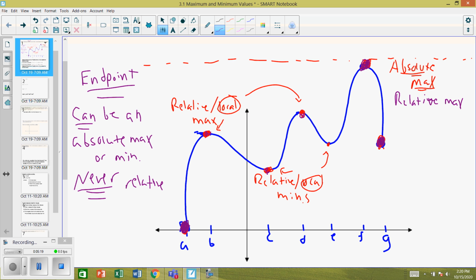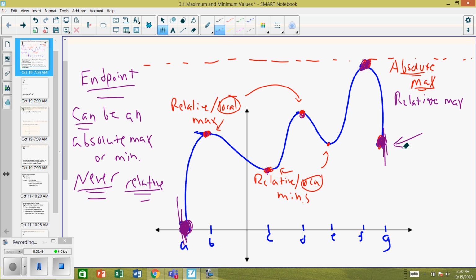The reason is that whenever we're looking at a closed interval, we're cutting the graph off at these points. I don't know what's going off to the left of A or to the right of G, and without that information, we can't talk about it relatively. We can't talk about it as a relative max or min. I don't make the rules, somebody else did. But on a closed interval, we can discuss them as absolute maxes or absolute mins. For instance, right here at G, it is not the highest point on this graph, so it is not an absolute max.